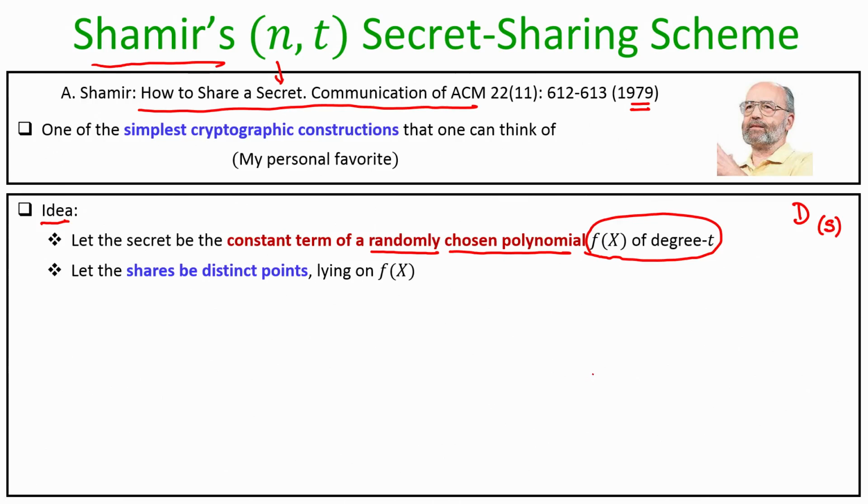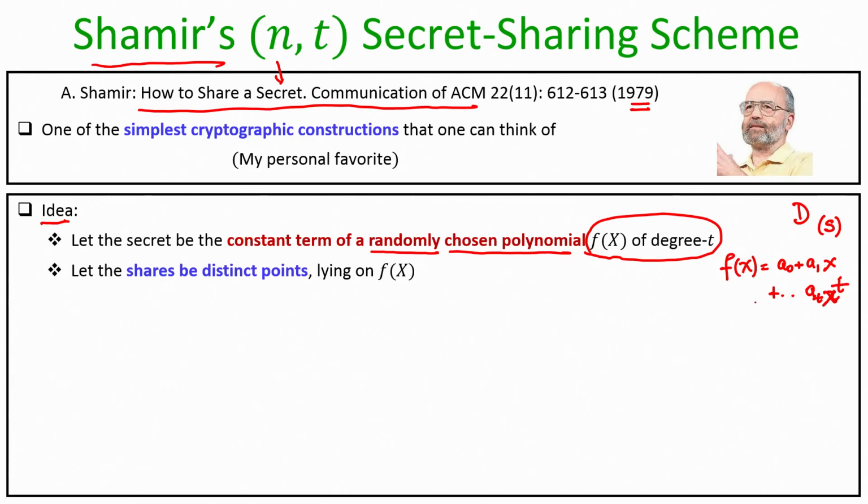When I say a random polynomial, I mean only the dealer will know the coefficients of the polynomial f of x. So, say f of x is of the form a naught plus a 1 times x, and like that, the t plus 1th coefficient is a t times x raised to power t.